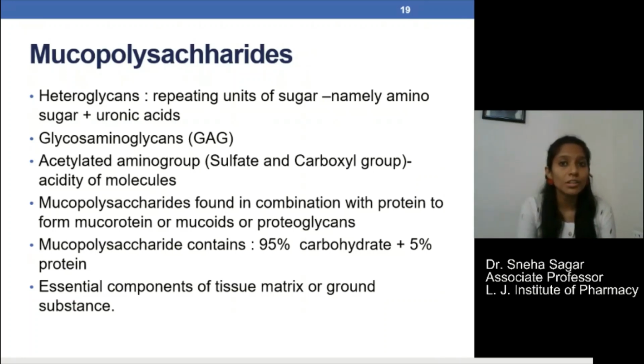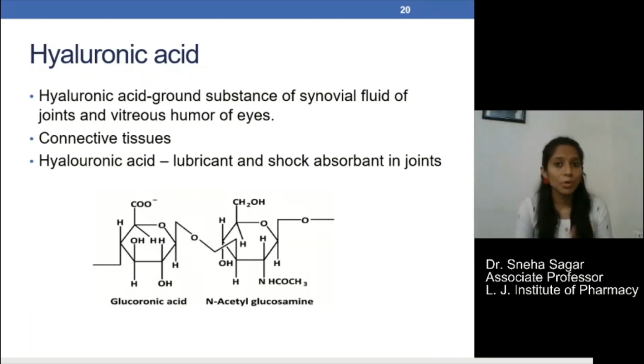Some mucopolysaccharides are found in combination with proteins to form mucoproteins, mucoids or proteoglycans. The important mucopolysaccharides include hyaluronic acid, chondroitin 4 sulfate, heparin, dermatan sulfate, and keratan sulfate.